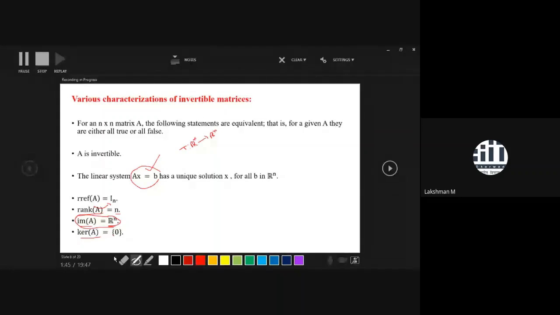And another way, if you look from the domain space, if the kernel of the corresponding linear transformation or matrix happens to be equal to only one element, this singleton set, that means it contains only the zero vector of the domain, then we can claim that the matrix is invertible or the corresponding linear transformation is invertible. So if you define invertibility of a linear transformation, always try to define it with respect to the corresponding or associated matrix. Both are true, and vice versa.